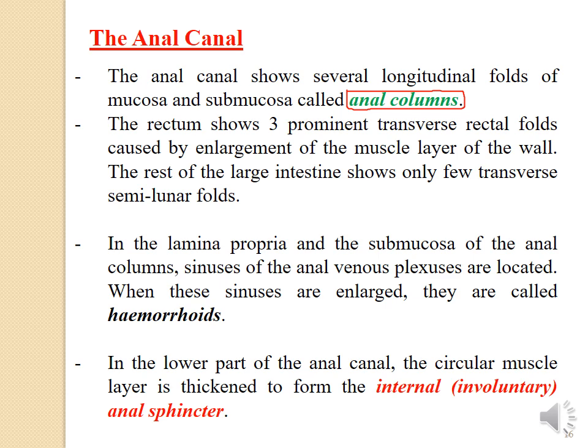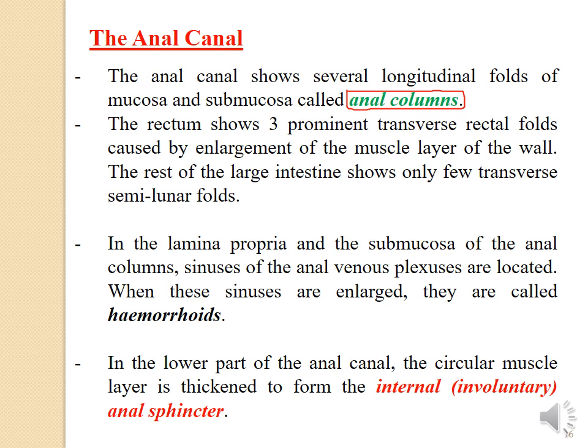So now, folds of mucosa and submucosa have different names in different regions. For example, in the stomach, it is called rugae. In the small intestine, it is called plicae circulares. In the anal canal, it is called the anal columns. These are all folds of mucosa and submucosa.